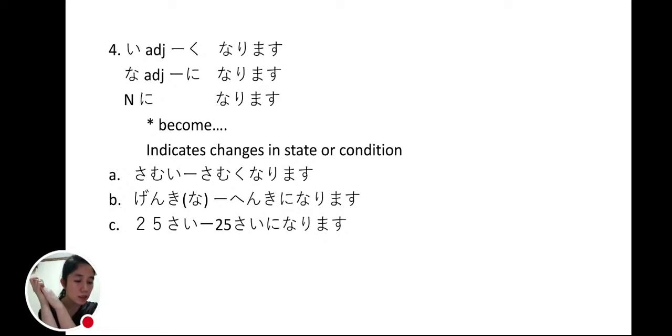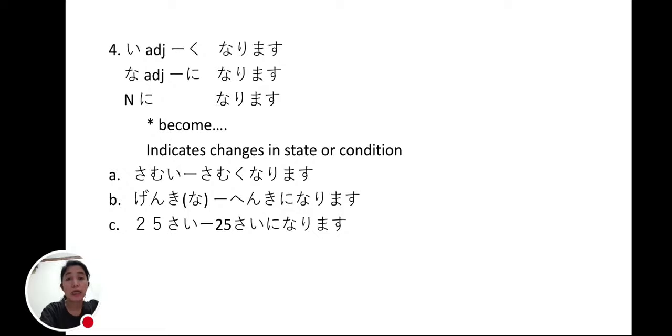いいです。何ですか、ジモンさん。Hi, Jimong-san. Kawaii is an i-adjective.